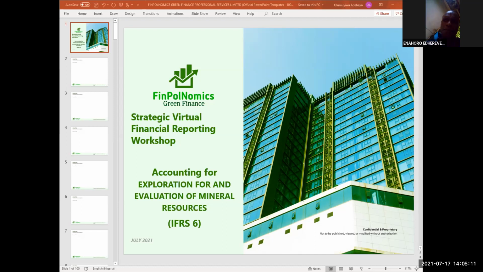From what you've said, I'm beginning to see that won't there be a kind of overlap between this IFRS and the petroleum profit tax? There's no tax. This is not tax. Accounting and tax are totally different things. Or are you talking of oil and gas accounting as the case may be? Oil and gas accounting as a whole. So this one is just a subset.